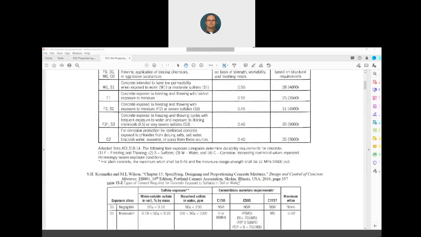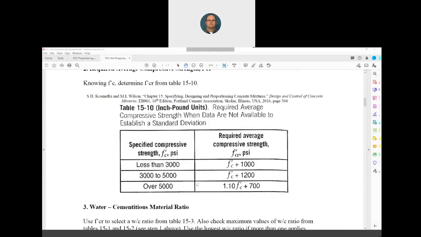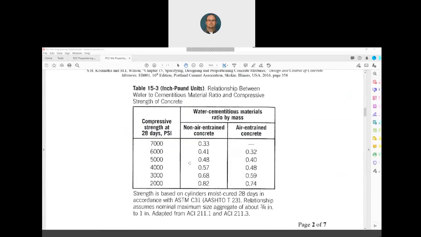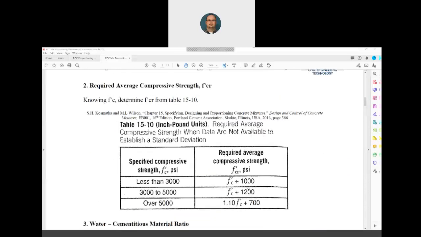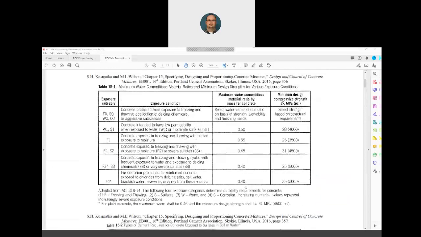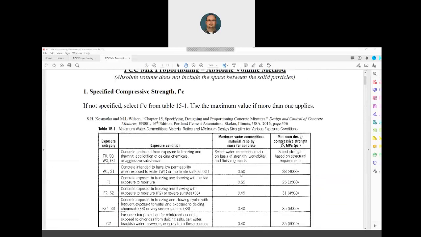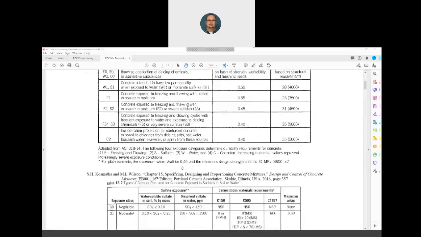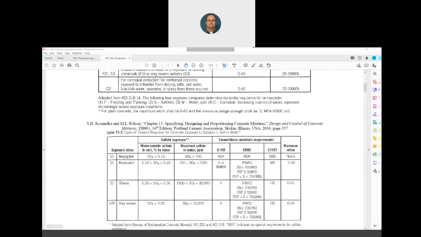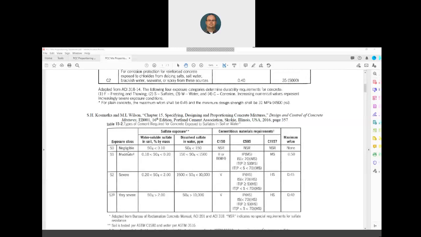So I have my water cement ratio calculated from table 15.3. I have my water cement ratio from table 15.1 based on my exposure category. And if I have sulfate exposure, this also gives me a maximum water cement ratio.